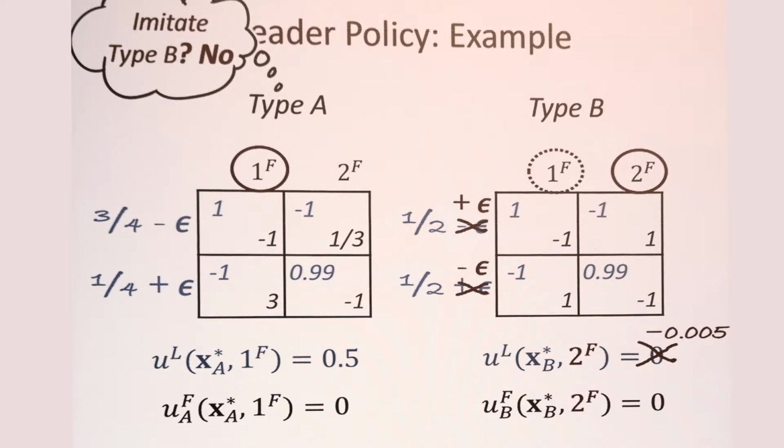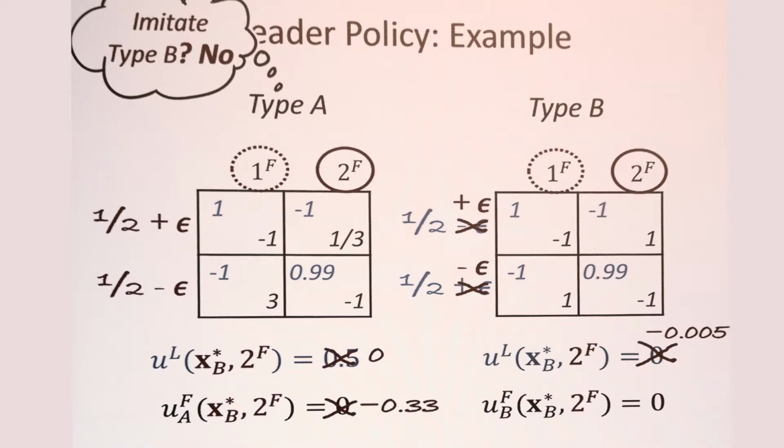Because in this case, if the type A follower still imitates type B, then he has to respond by playing his second action as well. And as a result, his utility drops to minus 0.33, which is even lower than what he could have obtained if he behaves truthfully.